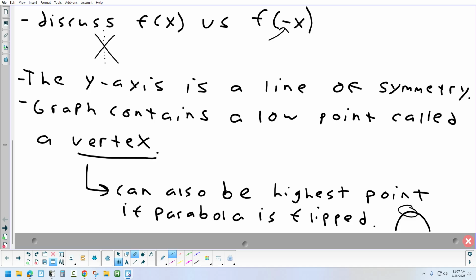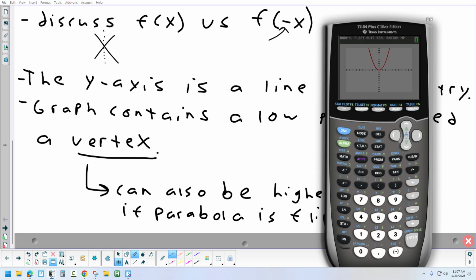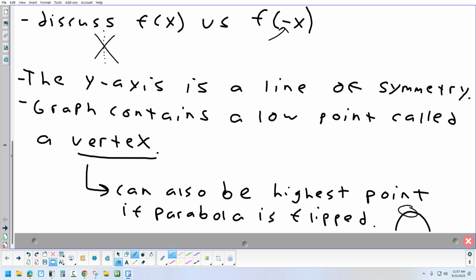And yesterday on the graphing calculator, did we do second calc and look at the maximum? We did the rocket problem. We found the maximum height of the rocket. Yeah. So we can find the highest or the lowest point of a parabola using second calc, minimum or maximum. Depends which one we have. Any questions on that?